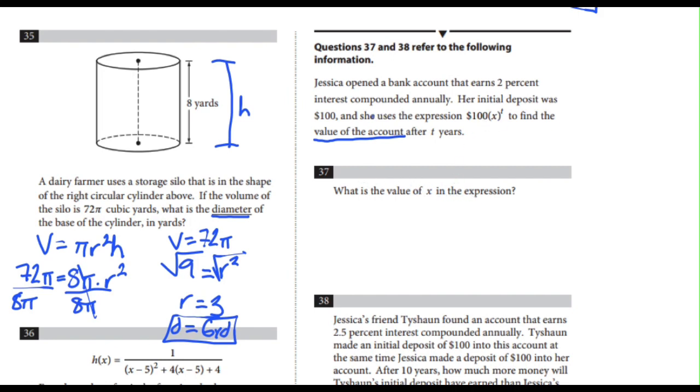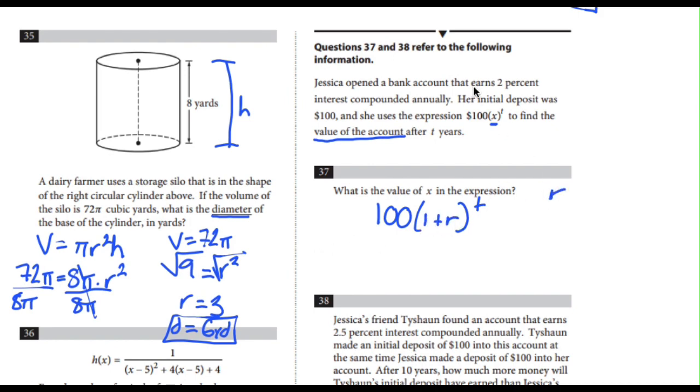So whenever we're dealing with some kind of interest, what goes on the inside of the parentheses and is raised to the power of how many years or how many intervals that it's compounded, this is where our rate goes. So normally it's 100 times the rate to the power of t. This is if we're looking for the appreciation. When we're looking for the value of the account after t years, we need to write 1 plus our rate.